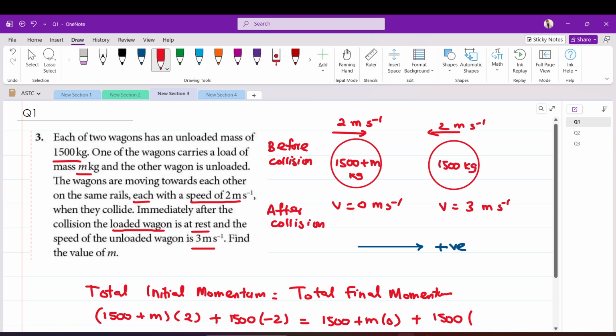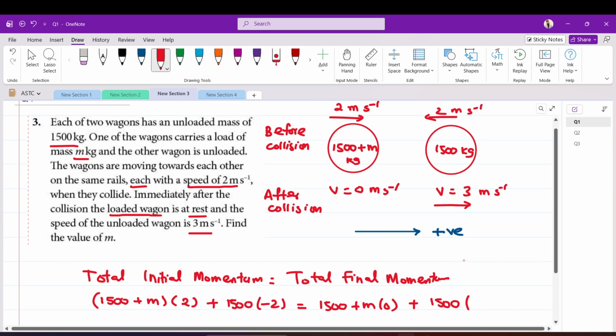Because if the loaded wagon comes to rest, that means this one must have rebounded. Otherwise, if it would have continued moving to the left, then this one cannot come to rest. So it makes sense that this wagon has rebounded, and therefore we can draw the direction towards the right hand side.